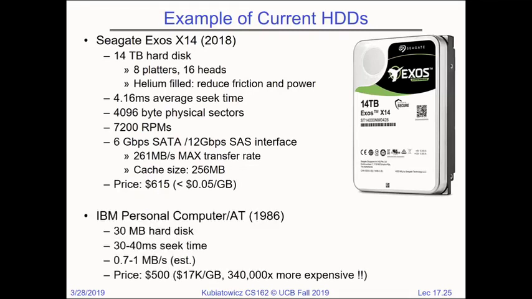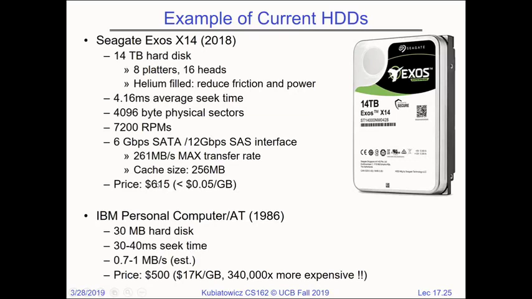So just to show you for comparison, once again, I showed you this earlier: the IBM personal computer with a 300 megabyte hard disk versus 14 terabytes. It had 1 platter, I didn't write that down here, and a 30 to 40 millisecond seek time versus 4 milliseconds. Price was about $500.